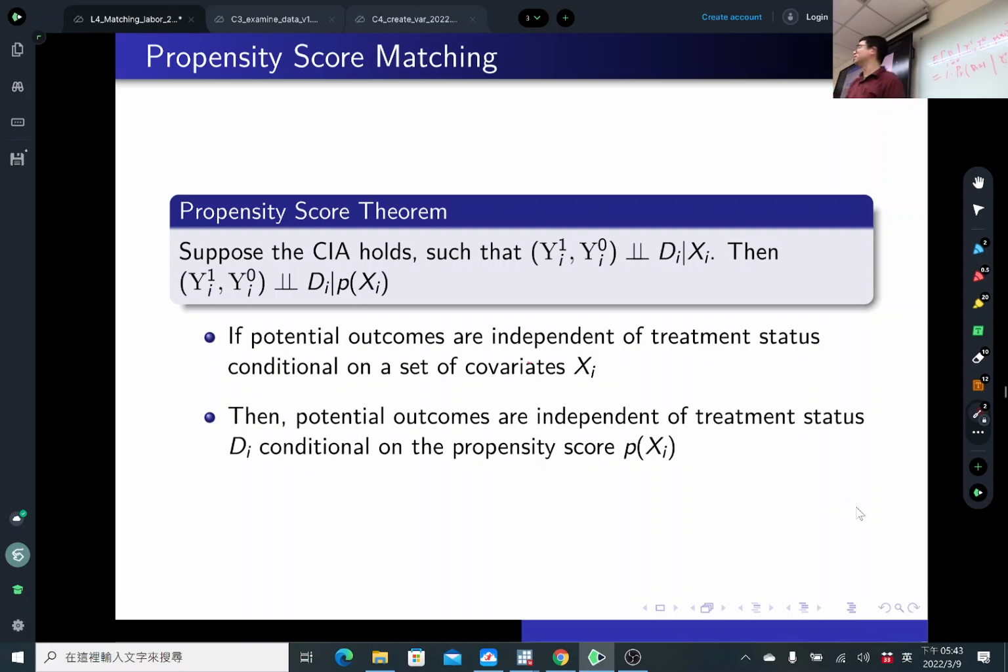And why this works is due to this theorem. But the intuition is you can consider it a kind of summary measure for X, the information of all the k variables. Okay. So any questions?